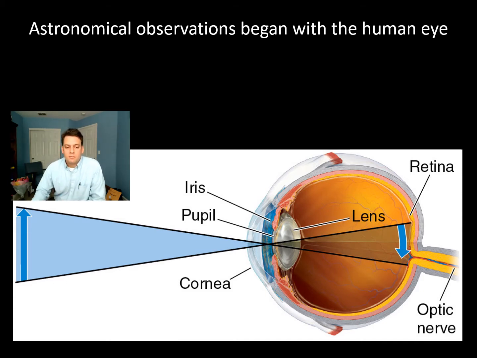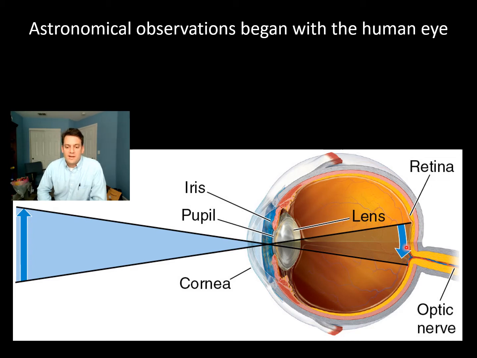If you look at the main components of the eye, we're going to be focused mostly on the lens here, which is the focusing piece of the eye. And of course there are others: the iris, the pupil, and the cornea, and then the retina at the back of the eye, which is where the image gets projected.